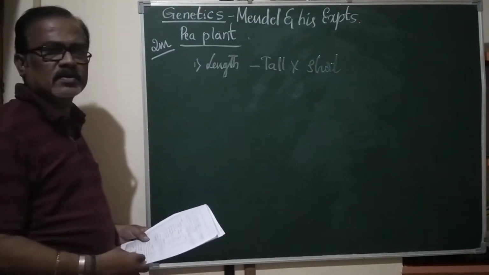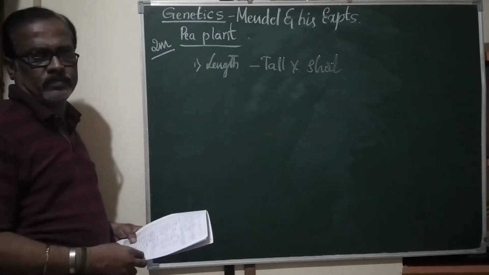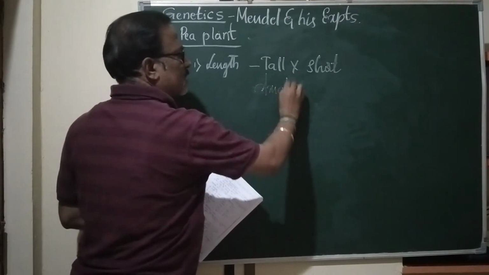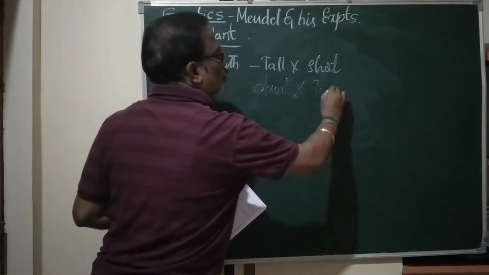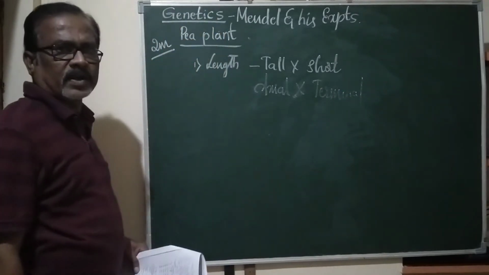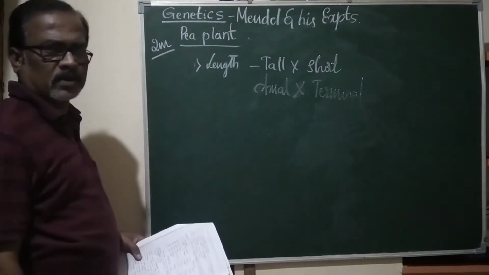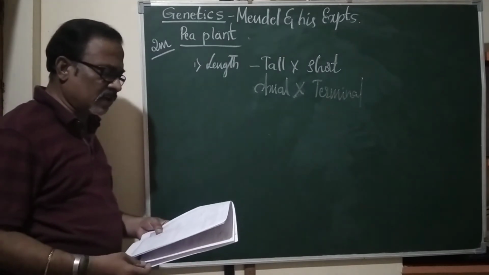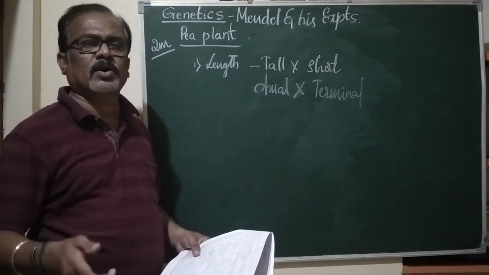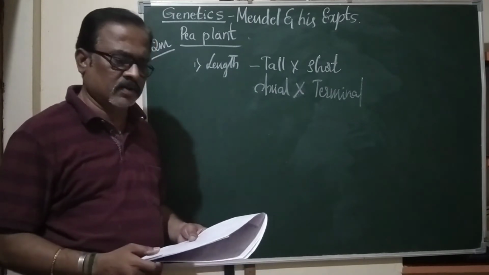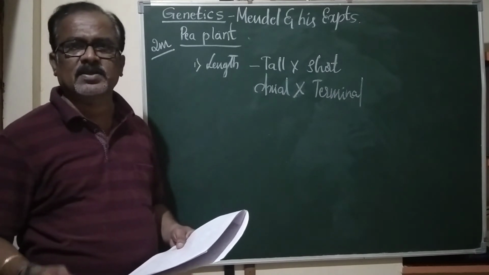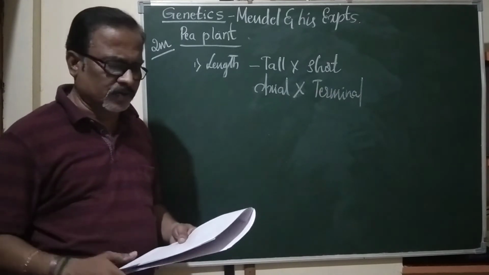Second character is position of flowers, where the dominant is axial, recessive is terminal. Third character is pod shape, in which dominant is inflated, recessive is constricted.